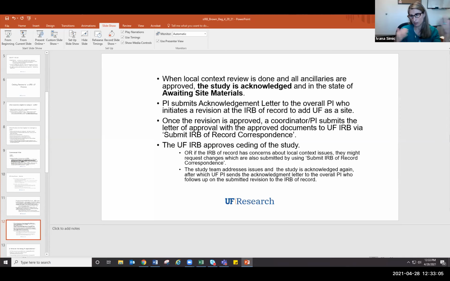They want you to add or subtract something, or something is not right with other documents. So that would be submitted via this activity as well. And then we would, again, route it to the ancillaries for consultation and further review. But eventually, once all issues are resolved, by using this activity, you would submit final approved documents.